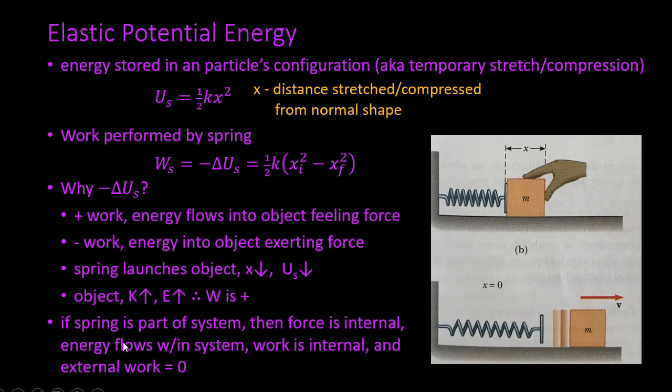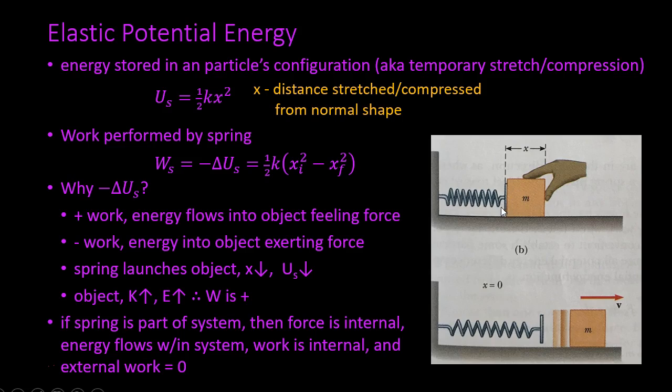Finally, if the spring's part of the system, then the force is internal, energy flows within the system. We say that work is internal, and that means there is no external work being done. So we typically will make the spring part of the system along with the block.